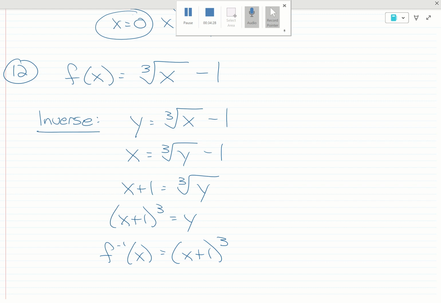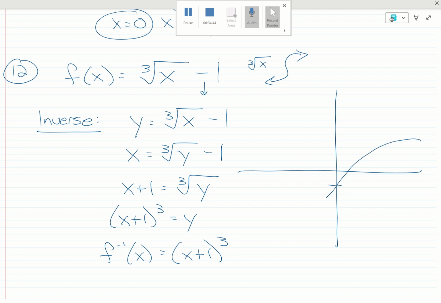Final thing you'll be asked to do is just to graph the two of them on the same coordinate plane. We know the cubed root takes on this parent graph. So the -1 is going to move that graph down 1. So the graph of the inverse is going to look something like this. Or actually, that's the graph of the original.